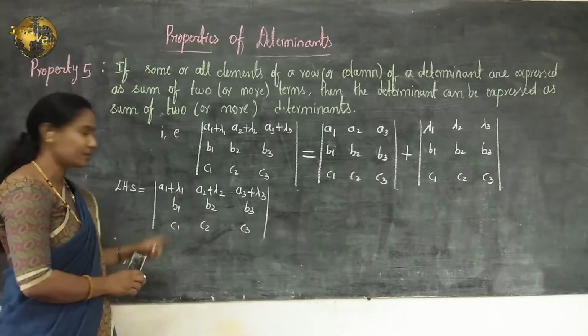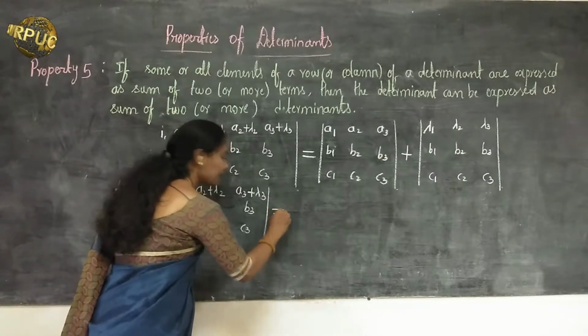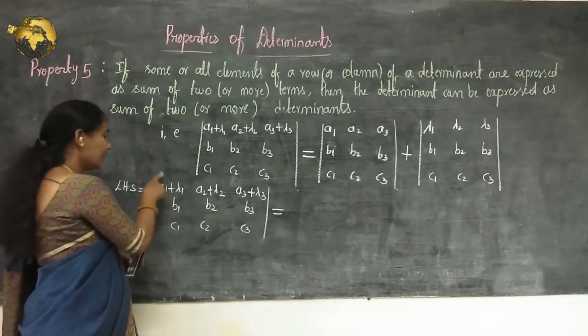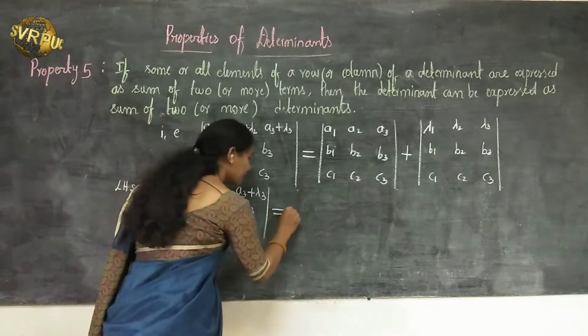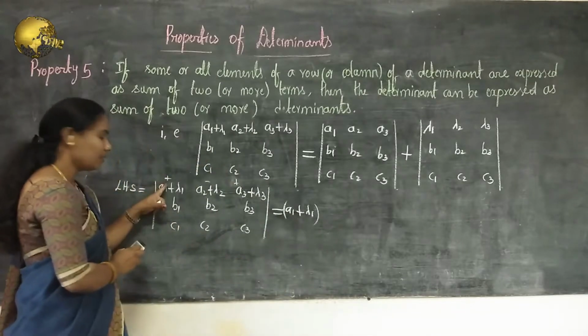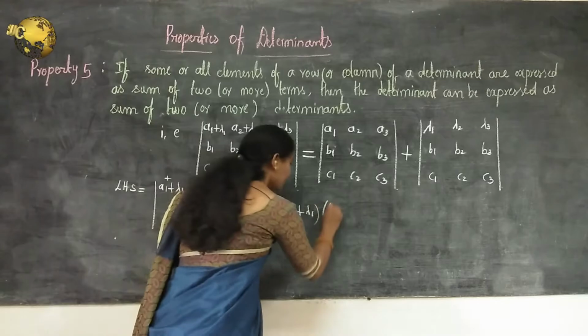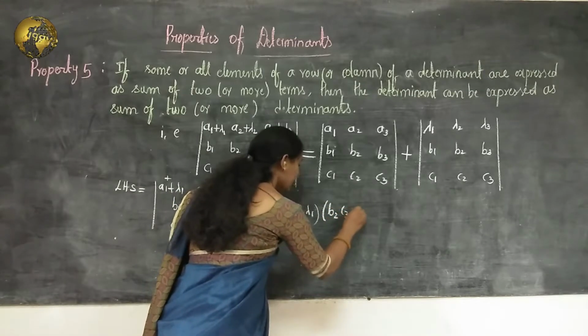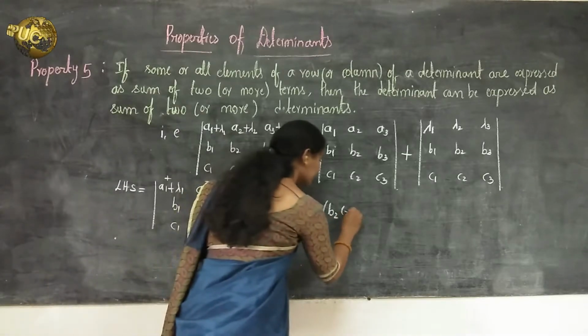Now let's expand this. I will expand along row 1 only, so just see the plus, minus, plus signs. Here A1 plus lambda 1 is the first element, so I get B2 C3 minus C2 B3.